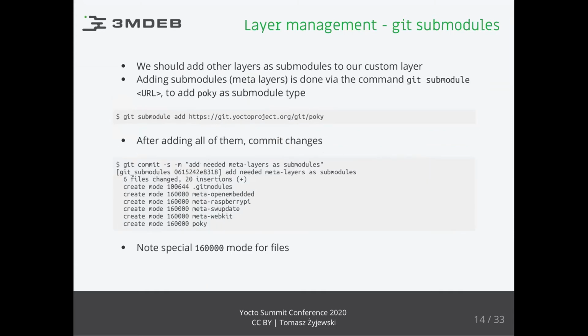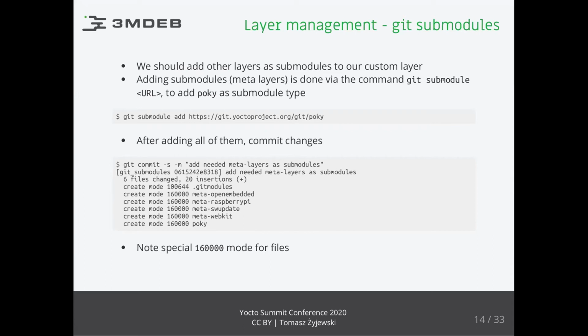Okay, so how does it work to use Git submodules with the Yocto layers? Adding new layers is done by calling the command git submodule add with the URL. For example, if we want to add Poky, we just type inside our custom meta layer repository git submodule add and the URL address of the Poky repository.